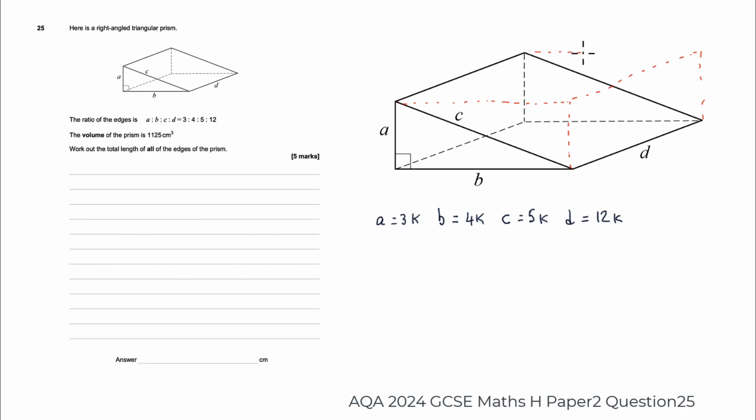The volume of that prism would be exactly half the volume of that cuboid. We know volumes of cuboids: length times breadth times height, A times B times D. You just multiply the three dimensions together.